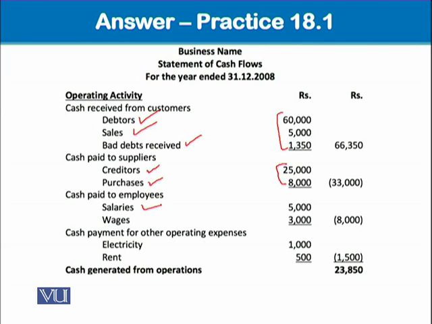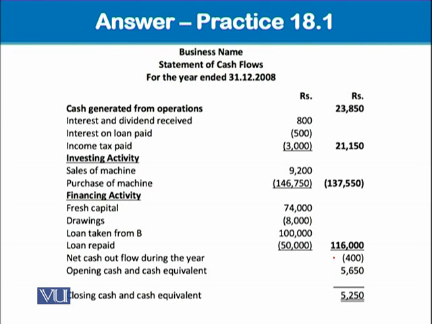Then salaries and wages, cash paid to and on behalf of employees. And then other operating expenses we have in the cash book. So this is how we work out our cash generated from operation figure, which is 23,850. And this cash generated from operation figure 23,850 will be placed here.